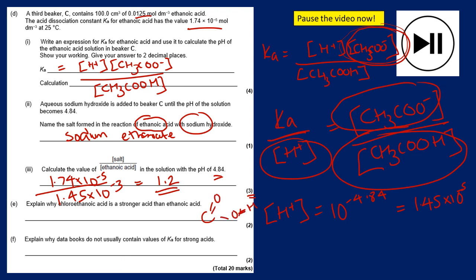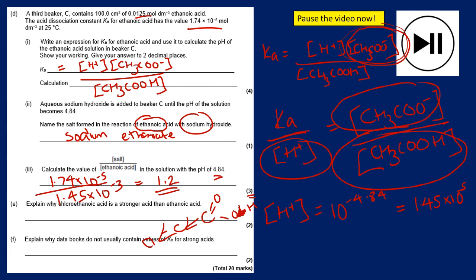So the effect of having a chlorine drawing the electrons through makes this OH bond more polar and the proton more likely to be donated. So your 2 marks come from the chlorine being electronegative and drawing electrons towards itself, and the second mark for making the OH bond weaker and allowing those protons to be released.